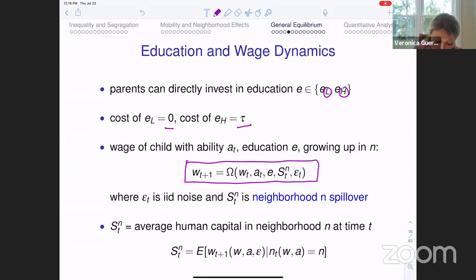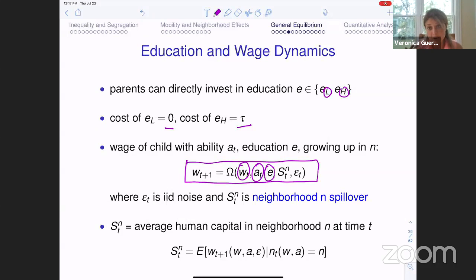The important thing is what objects affect the wage of a child when he grows up. The wage of the parent directly affects that. If the kid is smarter, more talented, he is going to get a higher wage when he grows up. If he has richer parents, he may have more help at home to study and do homework, and so he has a better return to education and better income when he grows up.